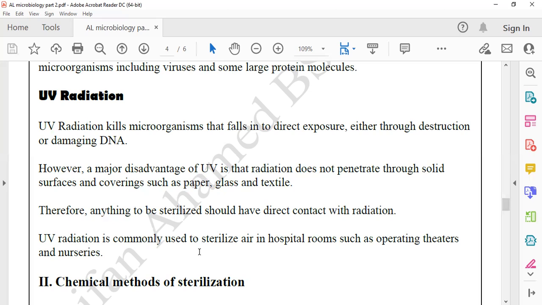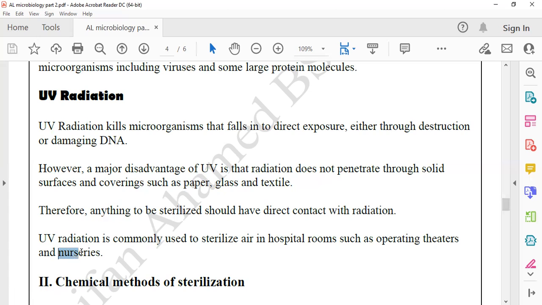So these individuals should be harboring a large number of microorganisms. So every time the operation theater has to be kept very clean. Due to this reason, at a particular frequency, the operation theaters are applied with UV radiation to sterilize it. Okay, fine. No need to go very deeply about it.